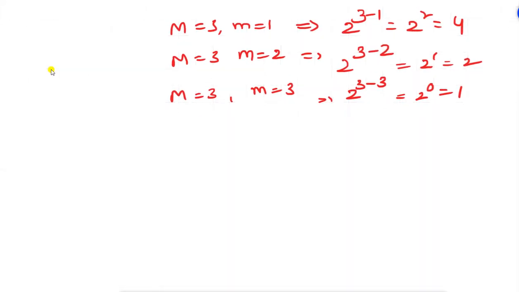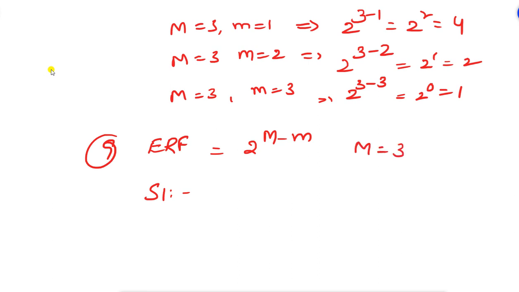Here the exponential repeat factor, ERF, is also obtained by using the same formula, 2 to the power of M minus m. We already know that the total number of stages is 3. In stage 1, the small m value is equal to 1, so the exponential repeat factor is 2 power 3 minus 1, that is 2 square, that is 4. So in stage 1 the twiddle factor is repeated 4 times.